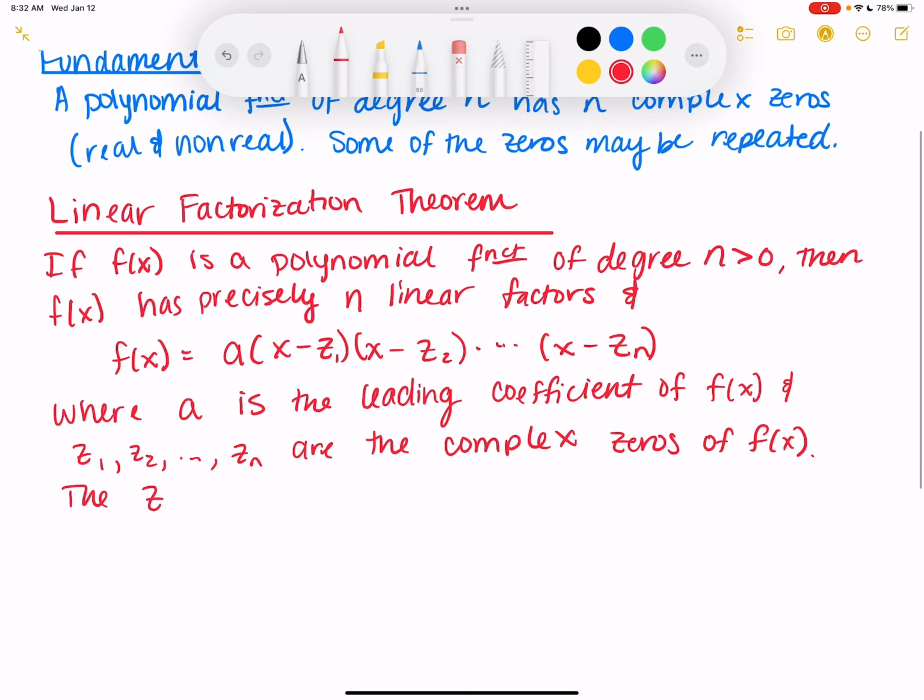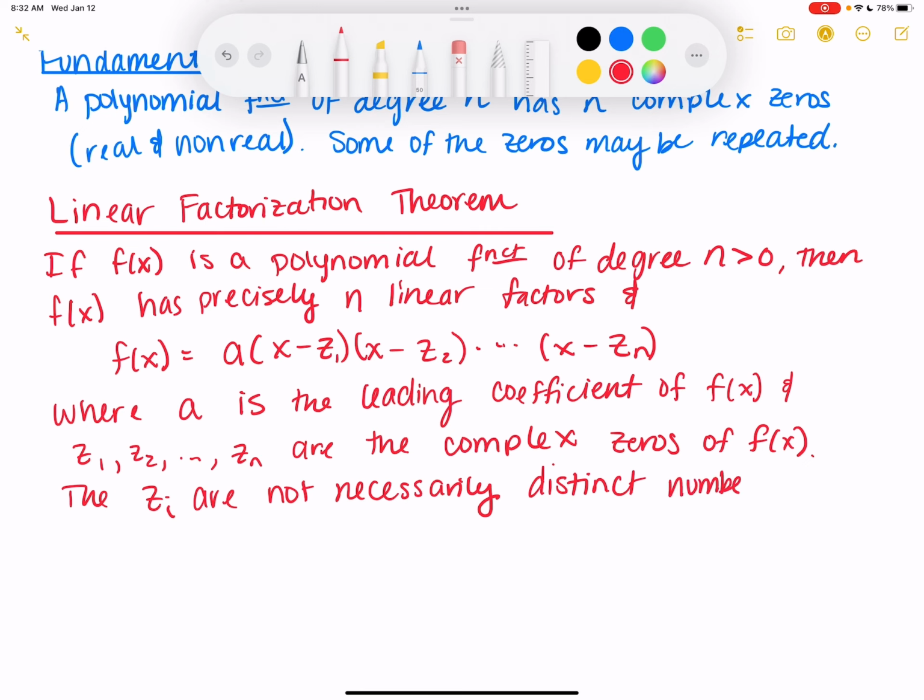The zi are not necessarily distinct numbers. Some may be repeated.